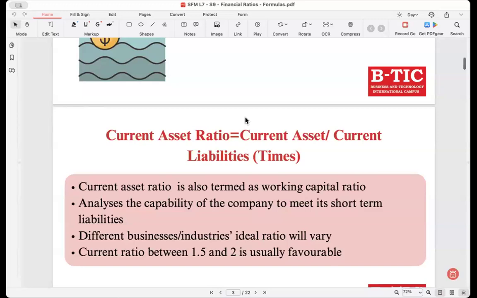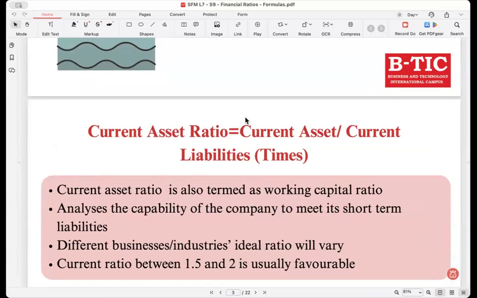All right. The first ratio that we're looking into is the current asset ratio. Current asset ratio equals current assets divided by current liabilities. It is also known as the working capital ratio.